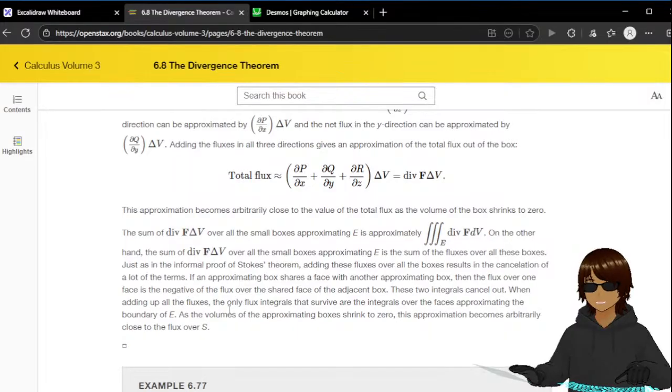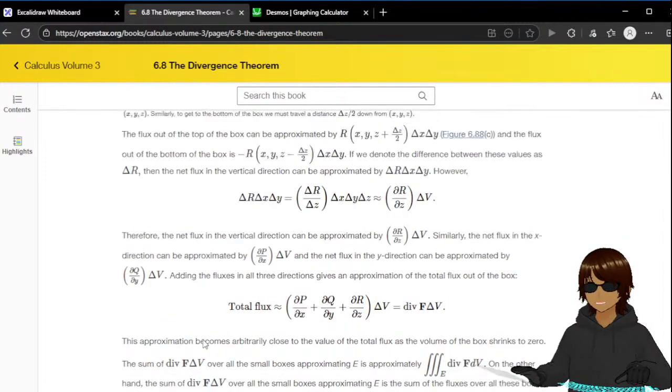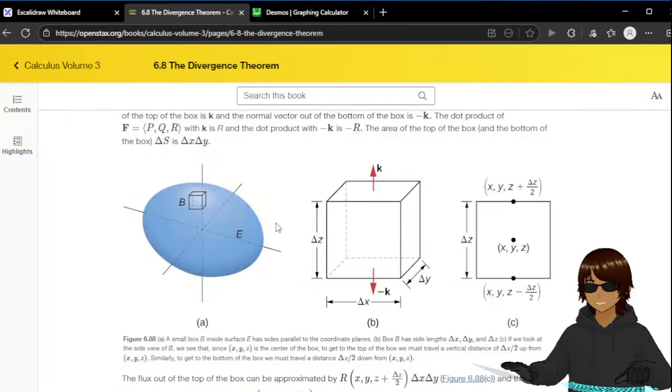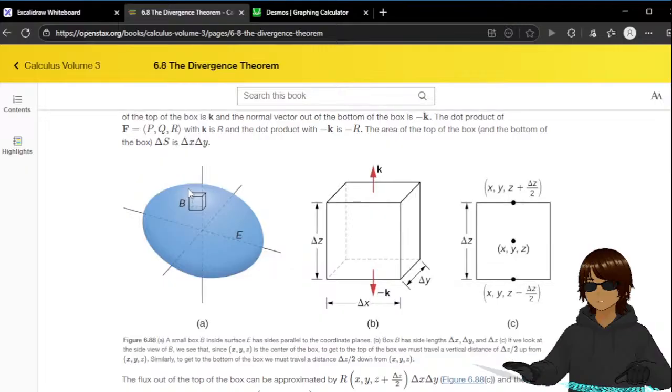When adding up all of these fluxes, the only flux integrals that survive are the integrals over the faces approximating the boundary of E. As the volumes of the approximating boxes shrink to zero, this approximation becomes arbitrarily close to the flux over S. Alright, the flux on the bottom of this box cancels out with the flux on the top of the box below, right? The same goes for all of the boxes except for the ones on the edges.